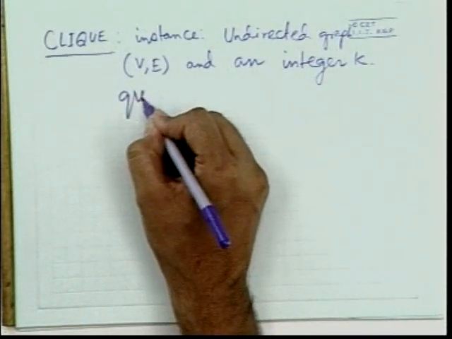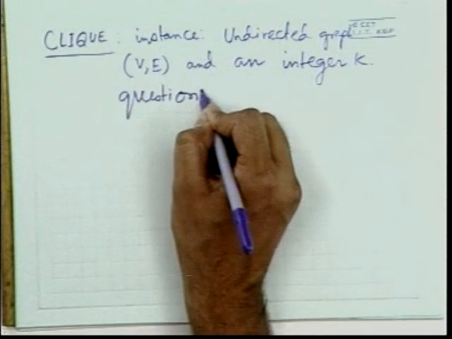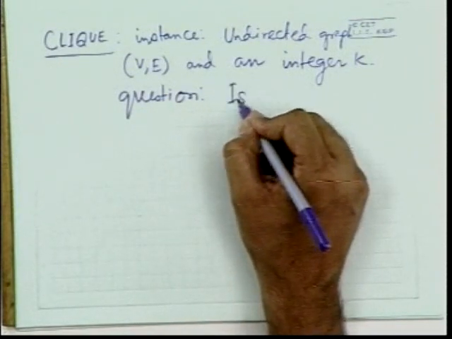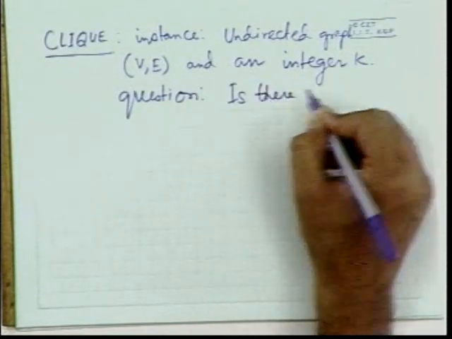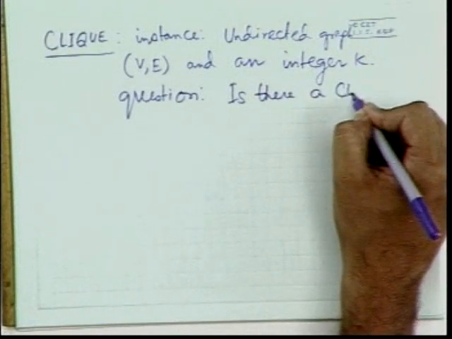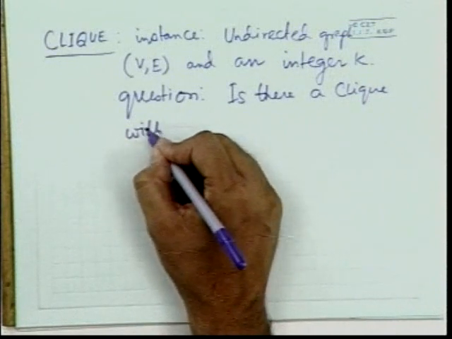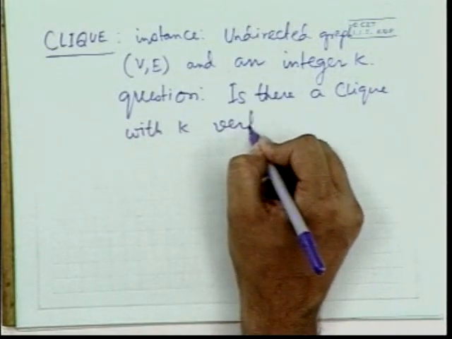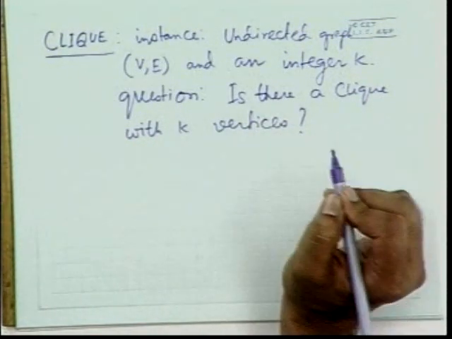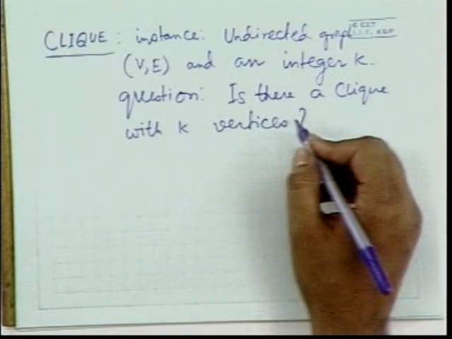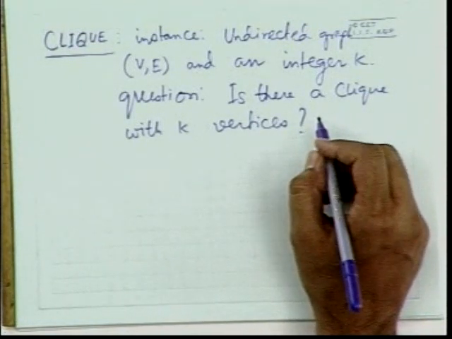The question is: is there a clique with k vertices? Given the graph, you are asking whether there exist k vertices which form a clique in the graph. And we will show that this problem is NP complete.